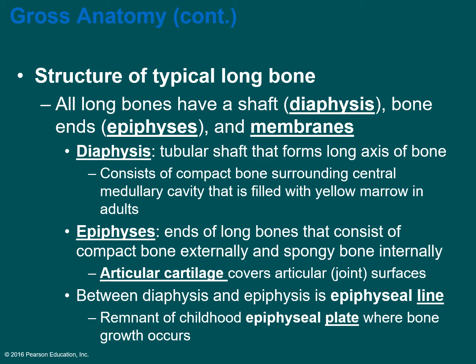Between the diaphysis and the epiphysis, where they come together, is what's known as the epiphyseal plate or epiphyseal line. In a child who is still growing, it's referred to as the epiphyseal plate, and that is where you actively have bone ossification occurring, growth of bone. In an adult, once you have reached your full height and you have stopped growing in height, then it's referred to as the epiphyseal line, and you can detect this on an X-ray.